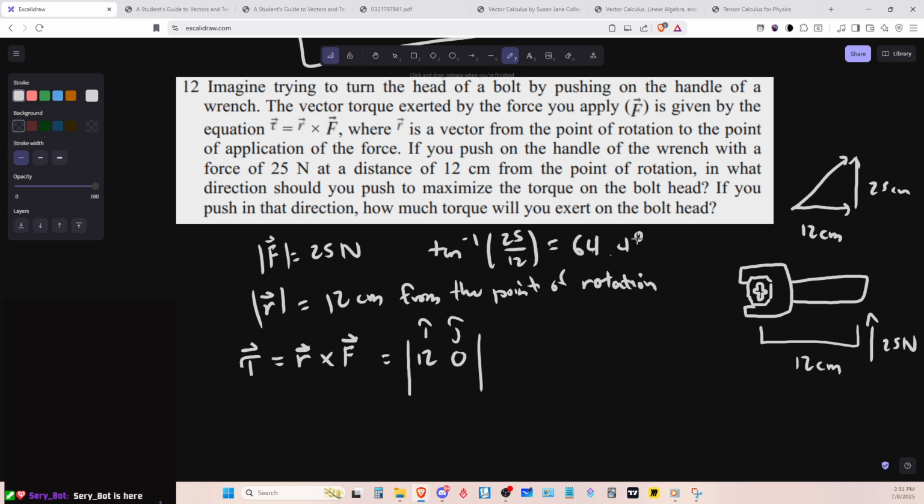Now, because we know we have to turn this, with 12 centimeters away from the central point here, the question is, is that wise to do so?